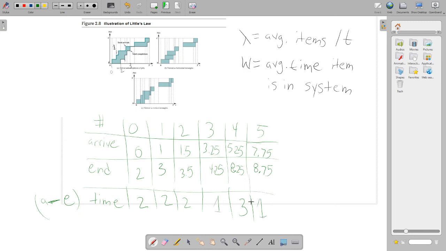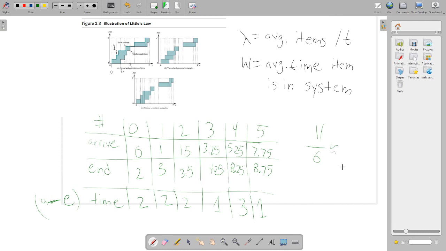Is that clear where I'm getting all that from? Makes sense so far? Okay, awesome. So if I wanted to take the average, I would just take the average of all these, right? So 2 plus 2 plus 2 plus 1 plus 3 plus 1 is 6, 8, 11. And then we had a total of 6 items.